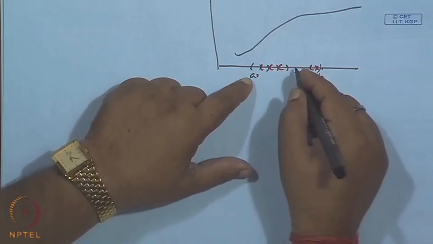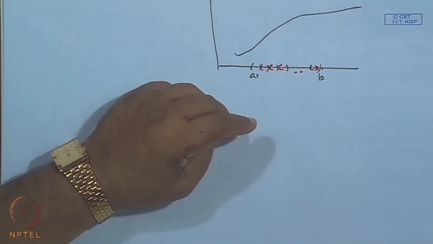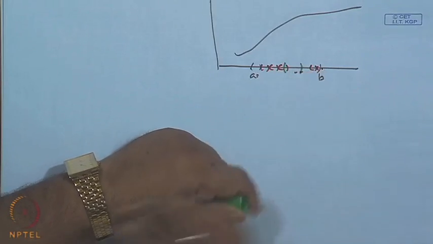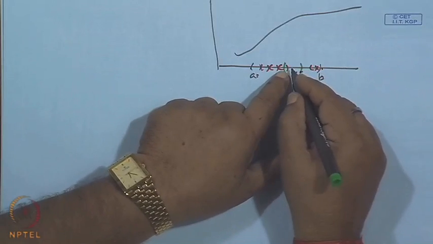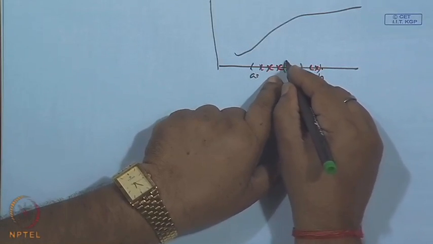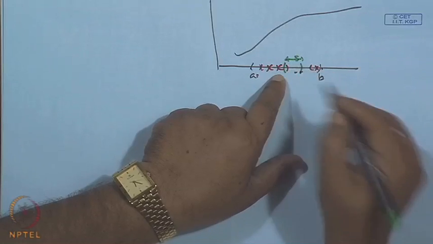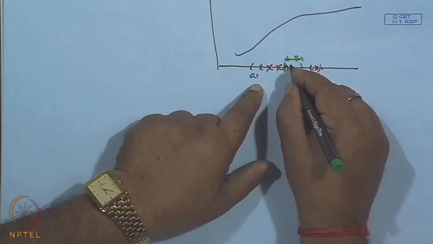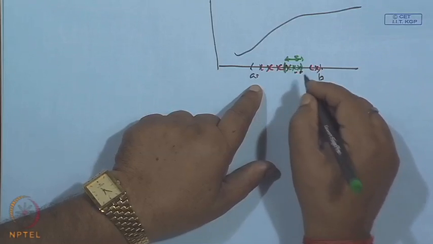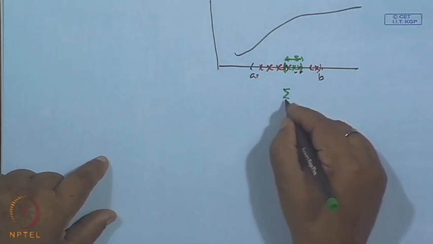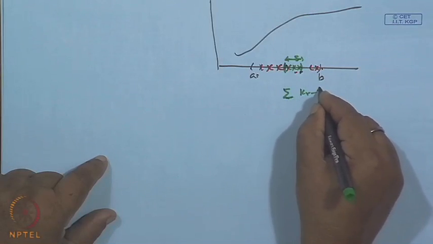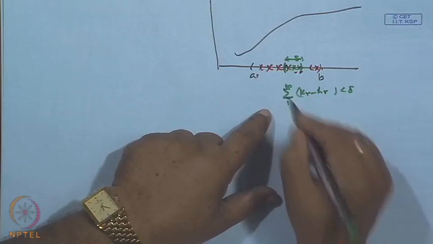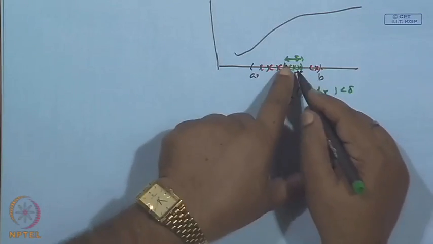So, we take a small portion whose total length is delta, and over it we find non-overlapping intervals such that sigma of k r minus h r, r from 1 to infinity, total length is less than delta.